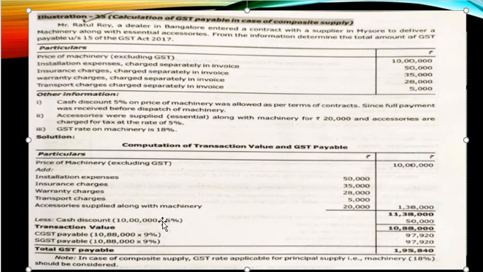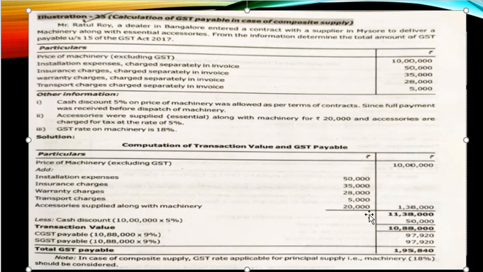So now as we have added up, we have the second question. Accessories were supplied that are essential along with the machinery, for 20,000, and accessories are charged at a tax rate of 5%. How much is the accessories? Accessories also are to be added to find out the total value of the asset.